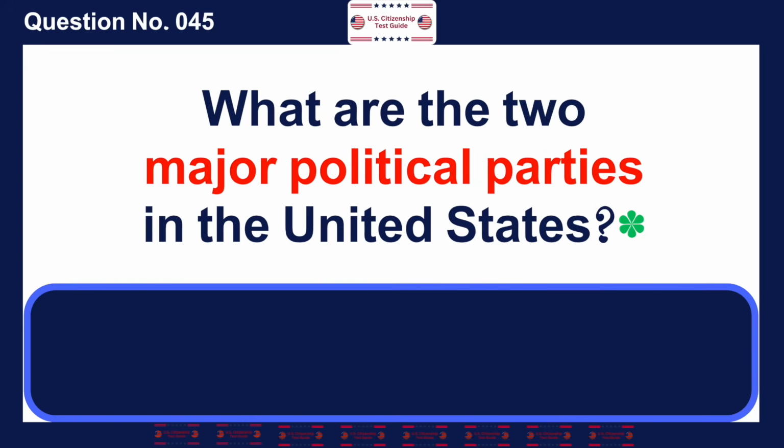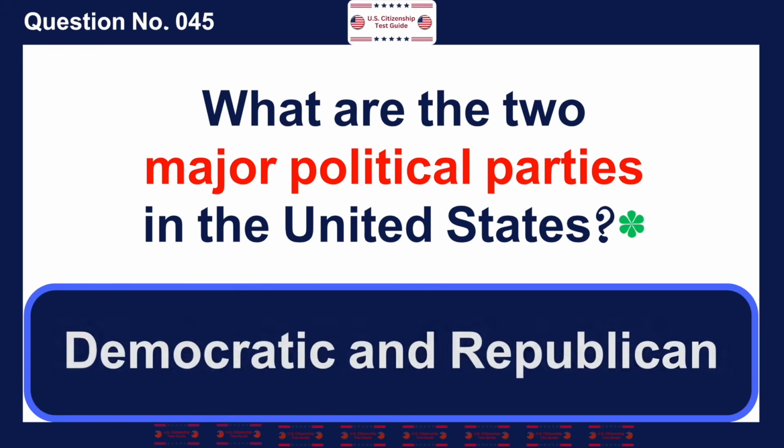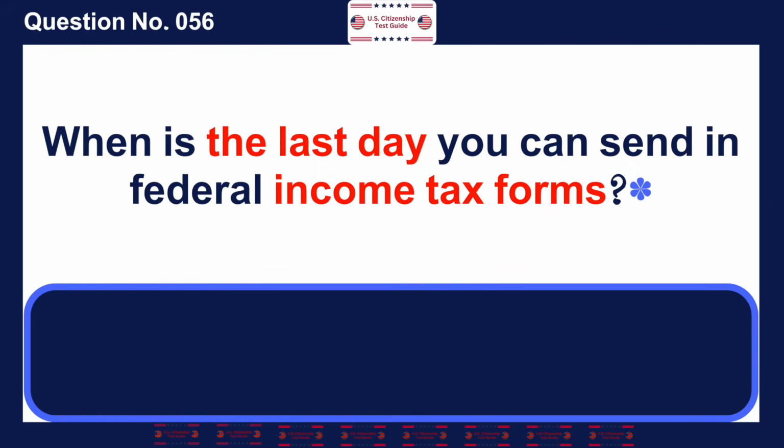What are the two major political parties in the United States? Democratic and Republican. When is the last day you can send in federal income tax forms? April 15.